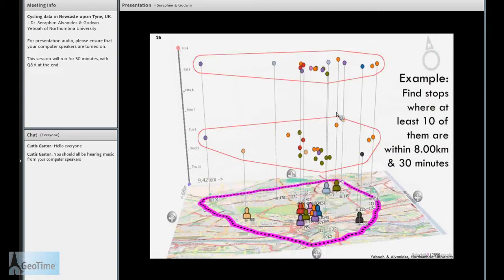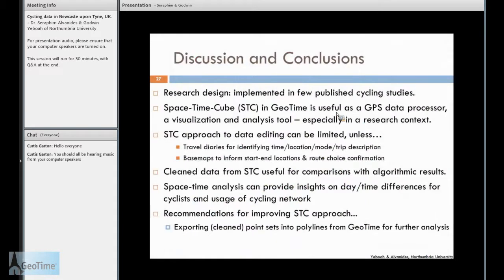So here we're trying to find stops where there's at least 10 of these stops grouped together within 8 kilometers and within 30 minutes at the same time, and trying to understand where the cyclists tend to gather, not on purpose, but what sort of activities in the city center would encourage people to cycle more to get to these destinations.